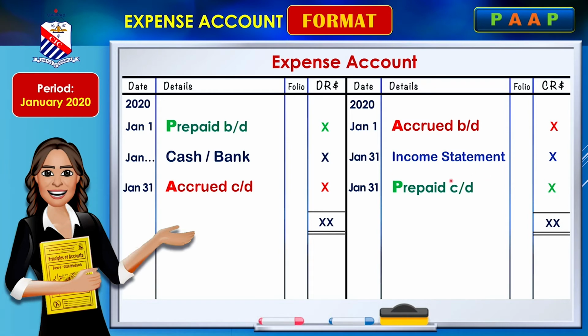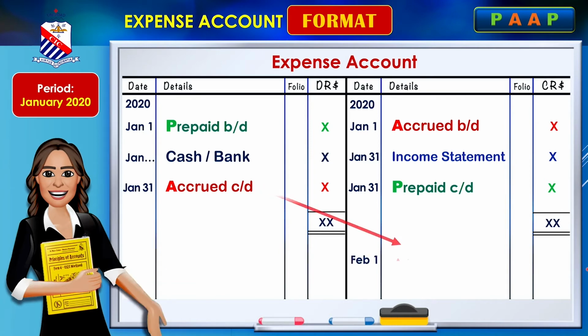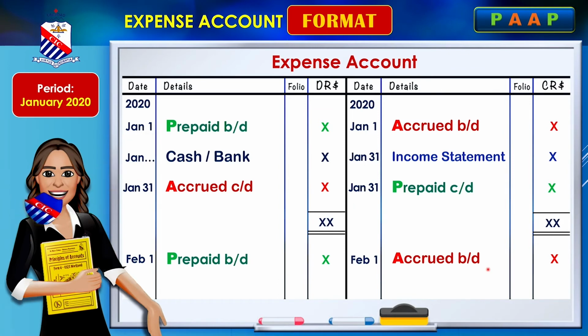So if your carry down figure is on the credit side, it will go on the opposite side. So your accrued carry down will be brought down on this side, and your prepaid carry down on this side would be brought down on the opposite side.